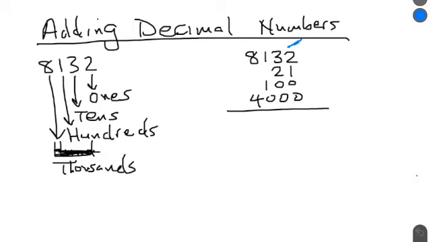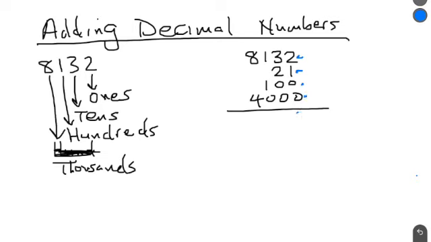So let's quickly review how we added regular numbers, since we would take the same method or procedure in adding decimal numbers. We would say 2 plus 1 is 3, plus 0 is 3, plus 0 is 3.